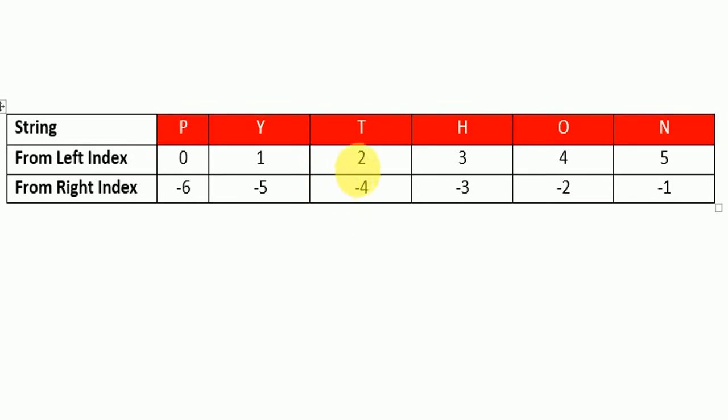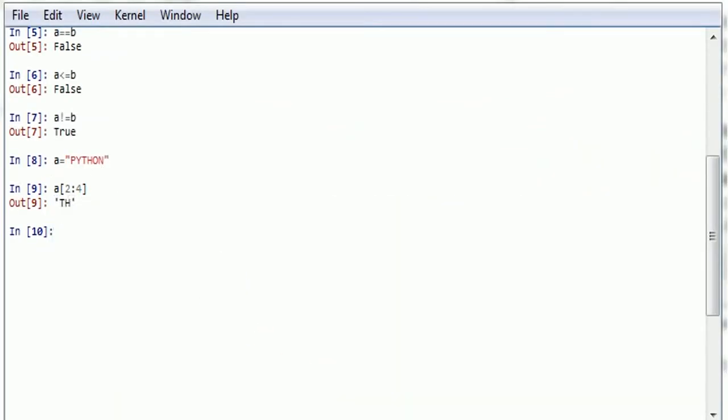Here on the second index that's t, and it goes up to the third index, that's h. We gave the higher index 4, and 4 minus 1 is 3, so it will go up to 3. So we will get the output th. This is a subset of our main string. th is a part of Python.